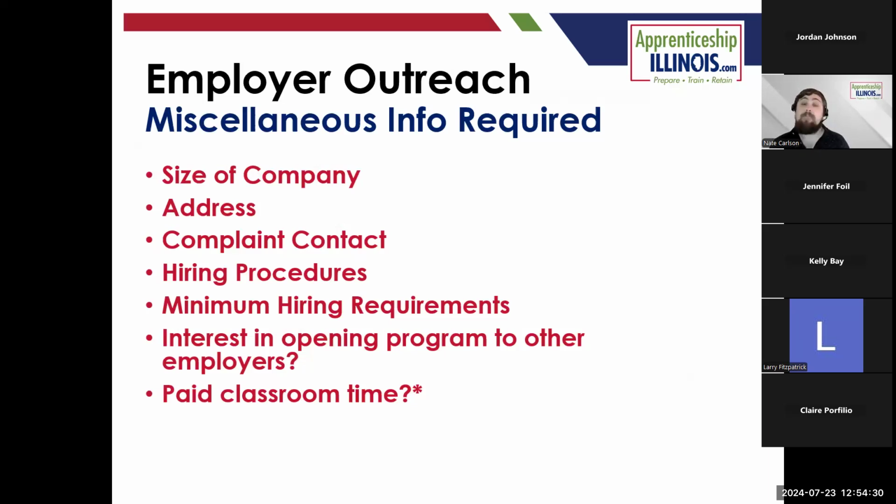They may provide minimum wage for the hours they spend in the classroom, or they may work with an additional organization to provide stipends. There are lots of different forms that compensation for classroom time can take. All DOL needs to know is, in general, are they being paid for the hours they spend in the classroom? Because again, it's important for the apprentice to be able to know what they're getting into up front. Transparency is a huge part of why these programs are successful.